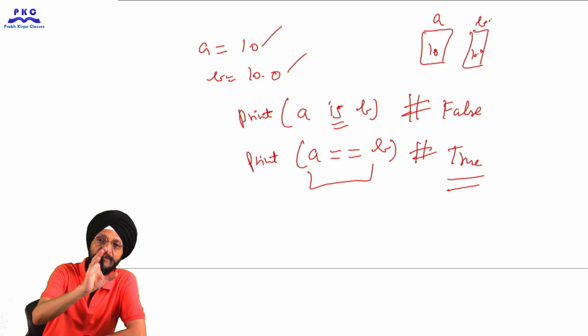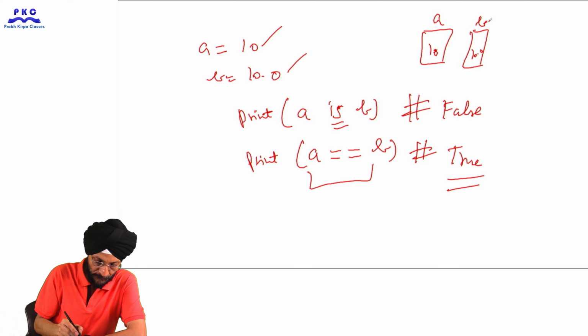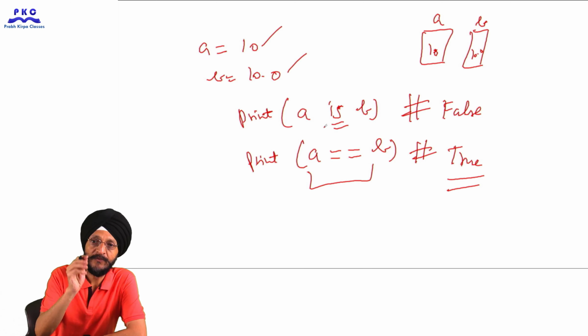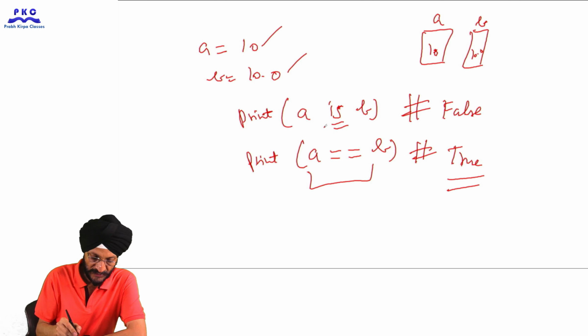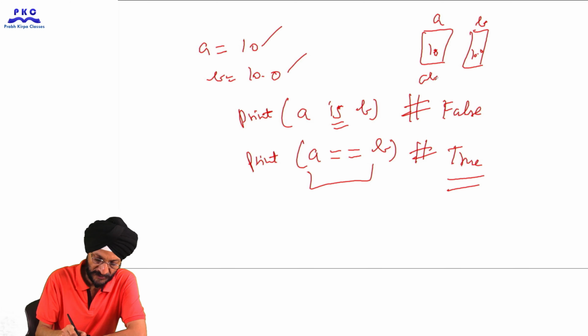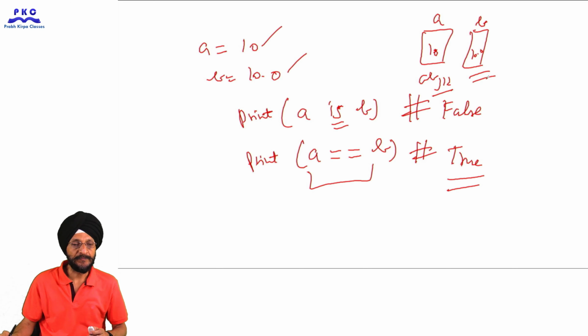So when we want to find whether a is b, the answer will be false, because the memory address or the object ID will be different in case of a and different in case of b.